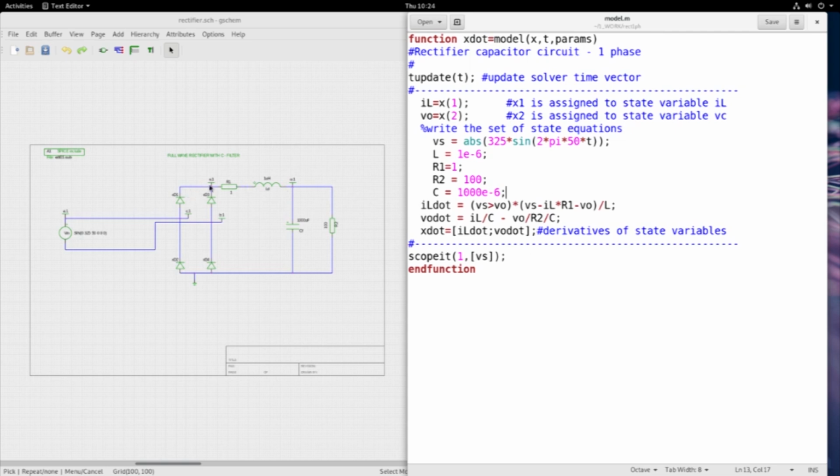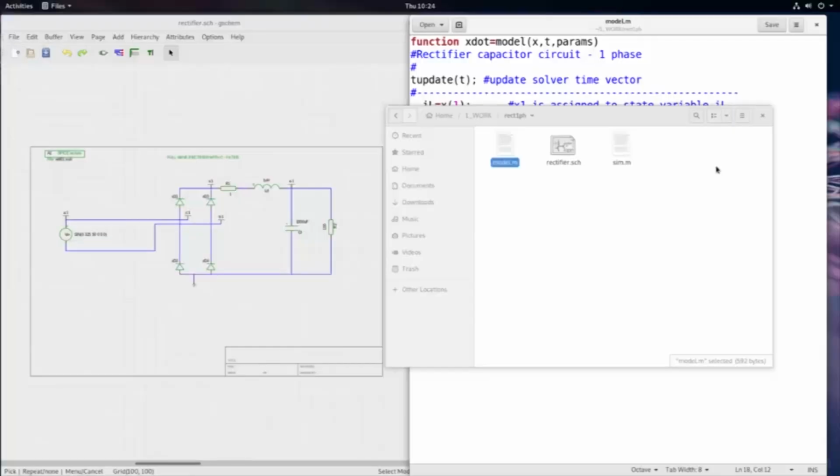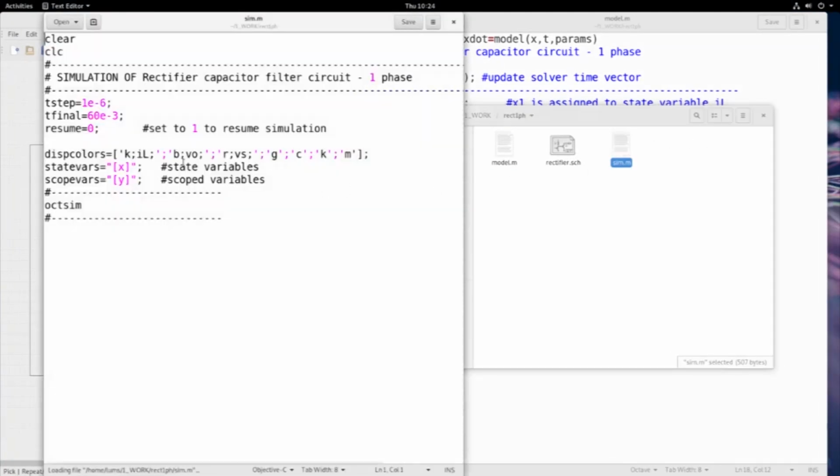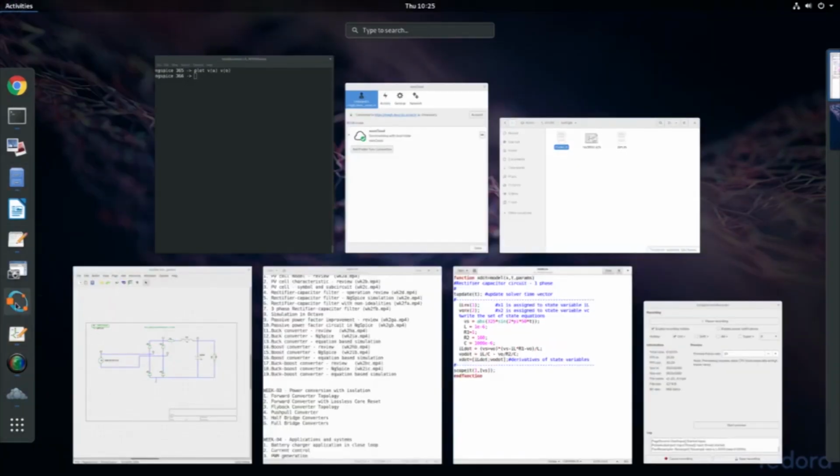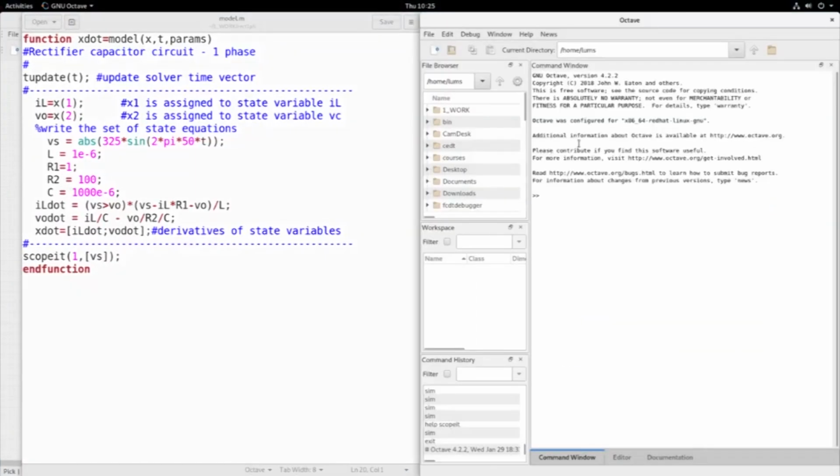I am scoping this node voltage Vs here, and if you look at the sim.m, the state variables IL, V0 and Vs will be viewed, simulating for this period of time. So let us now go through the simulation. Let me open Octave. Octave is opened, and let me go into the work directory and into the rectifier single phase.